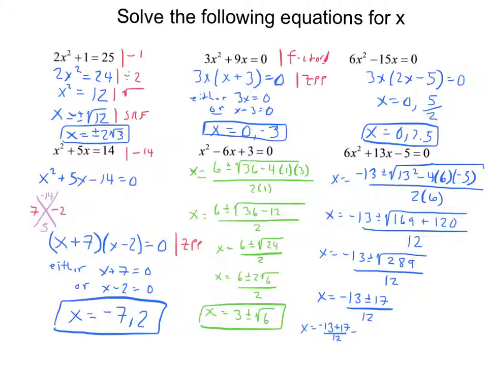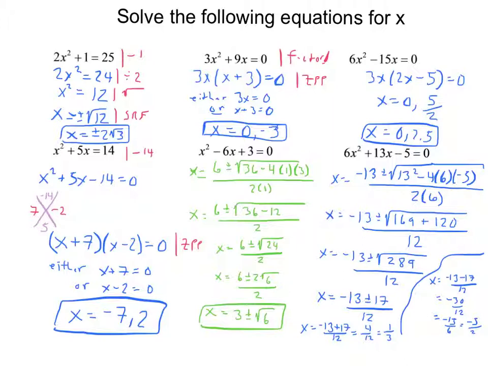If I'm adding, I wind up getting 4 over 12, which is a third. And if I'm subtracting, 13 minus 17 is negative 4, so negative 4 over 12, and that reduces to negative 1 over 3, and the answer is negative 30 over 12, which reduces, they're both even, so it's 15 over 6, and those are both divisible by 3, so it's negative 5 over 2.